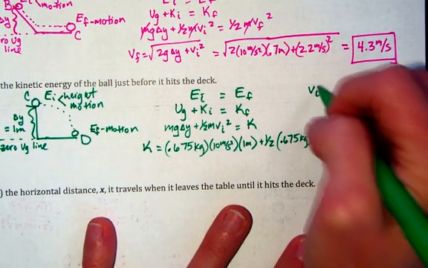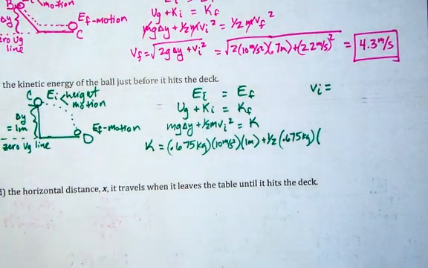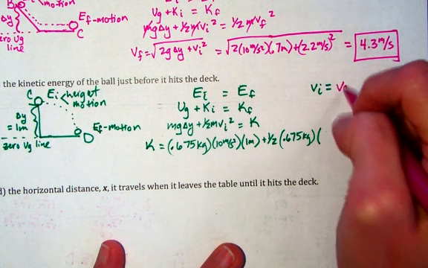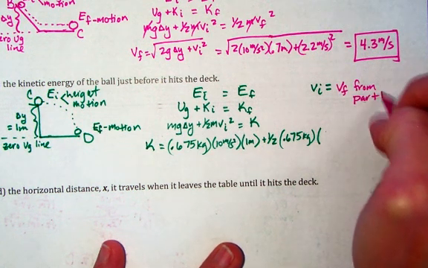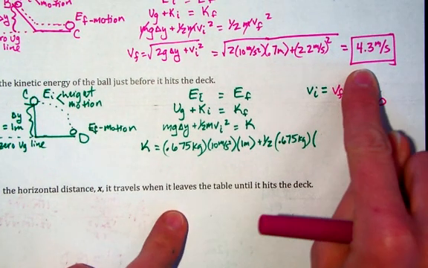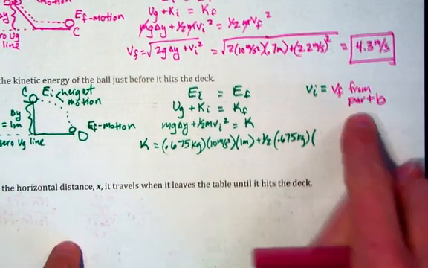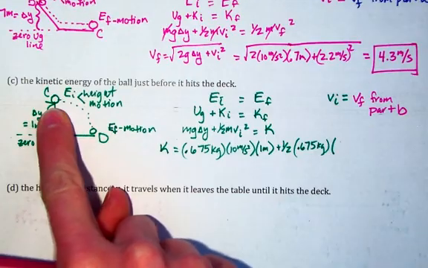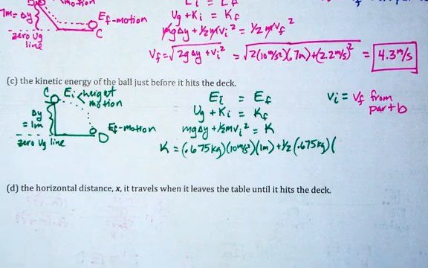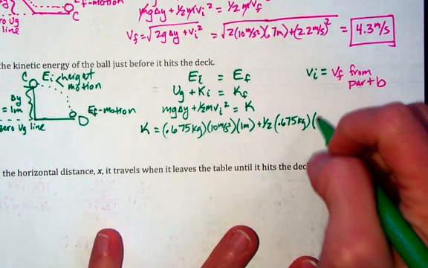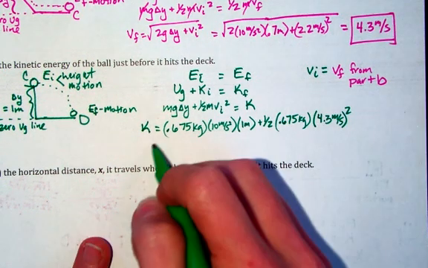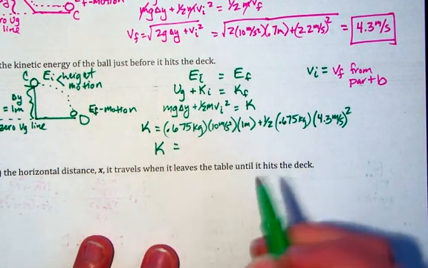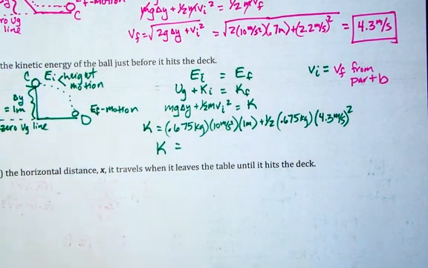So my initial velocity is equal to the final velocity from part B. So this final velocity is the velocity at C. That's going to be my initial velocity because that's the beginning of my system now. So this is going to be 4.3 meters per second quantity squared. And therefore the kinetic energy is, I got 13 joules.